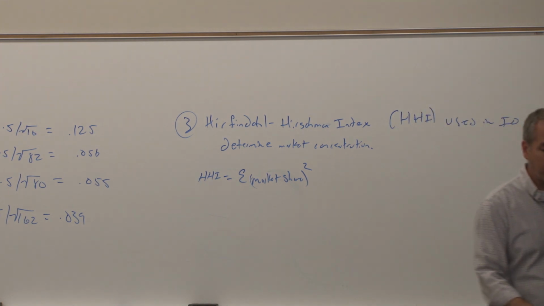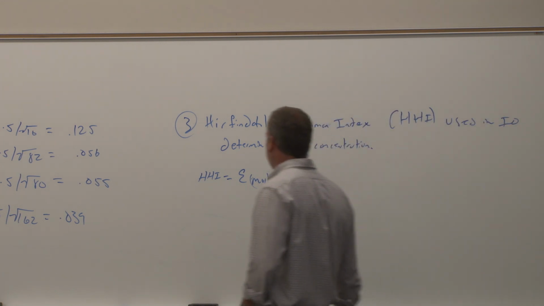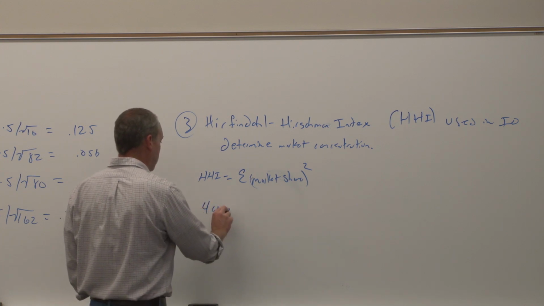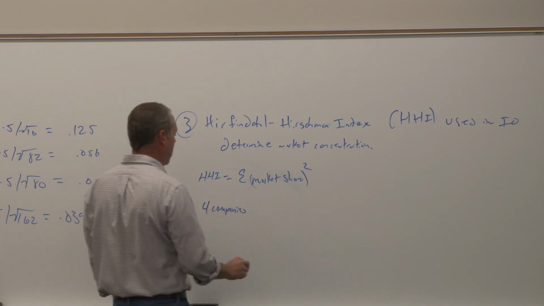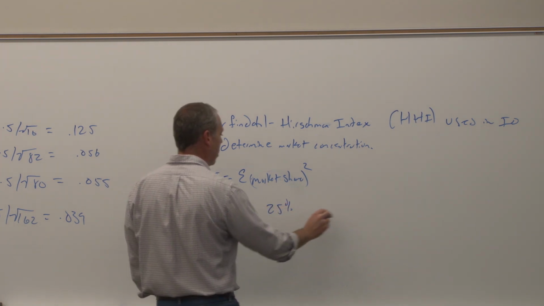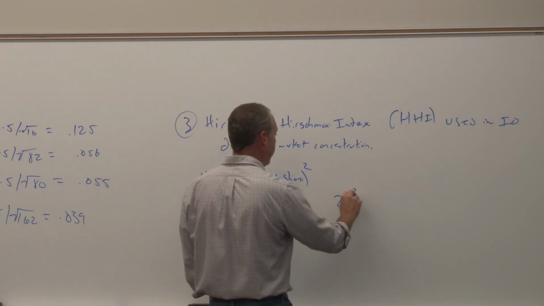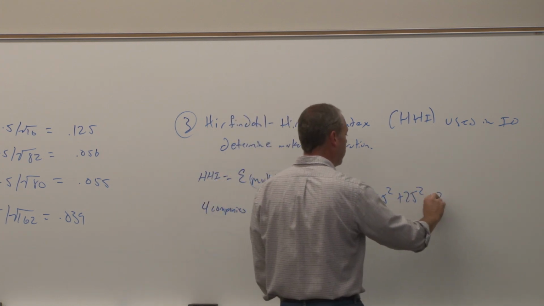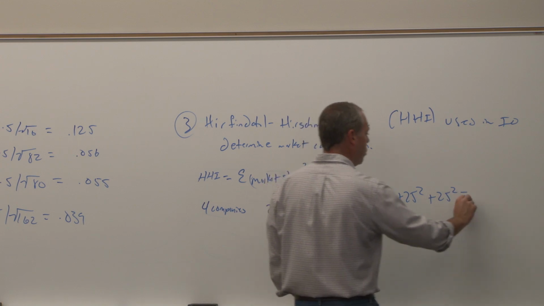So let's illustrate what we mean by this, because, like we said, it's actually used a lot in I/O. If you're looking at market share, and you've got 4 different companies, and they each have an equal market share, they each have 25%. So in essence, you've got 25 squared plus 25 squared plus 25 squared plus 25 squared. And this is just some number.